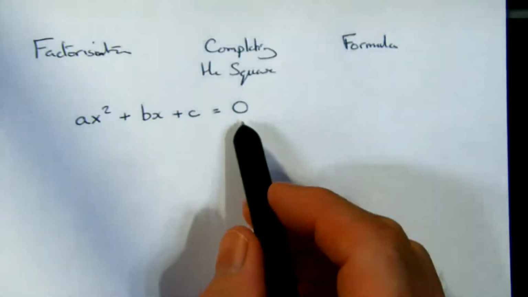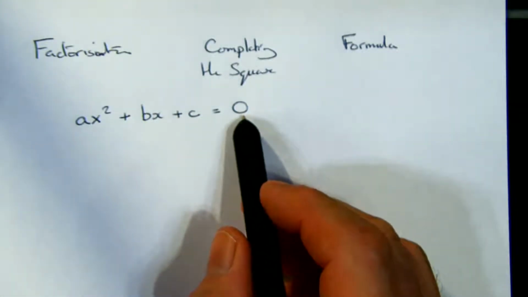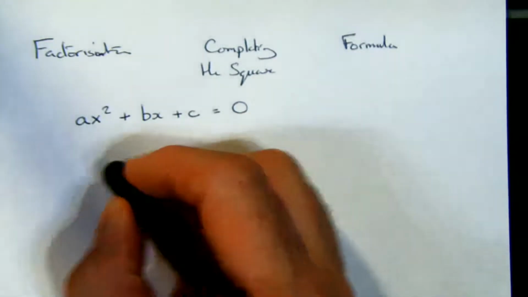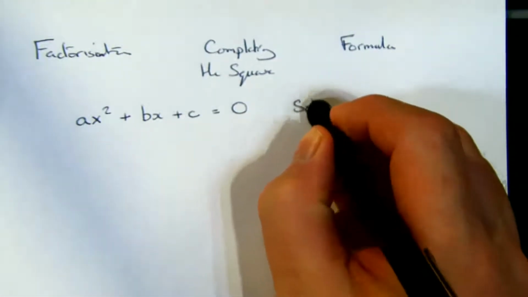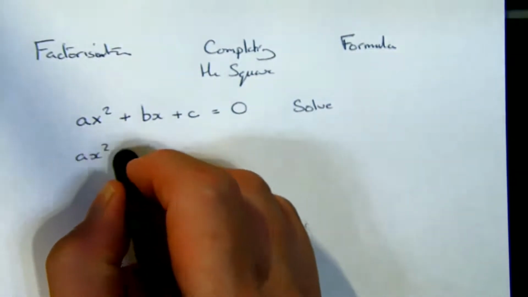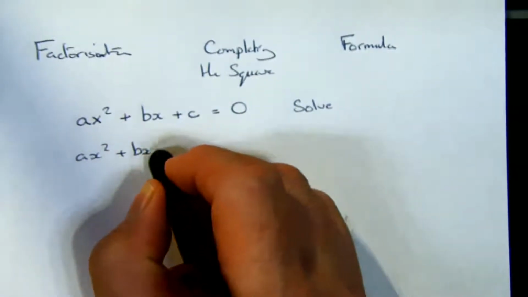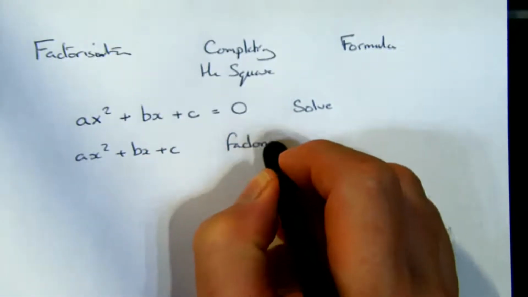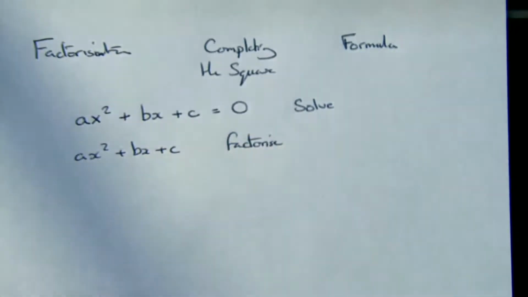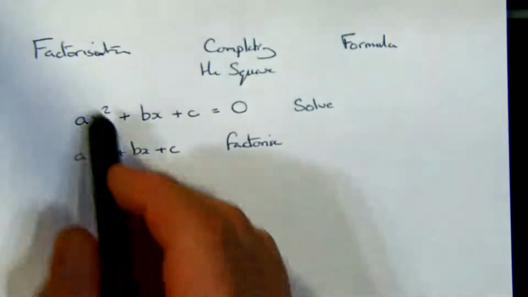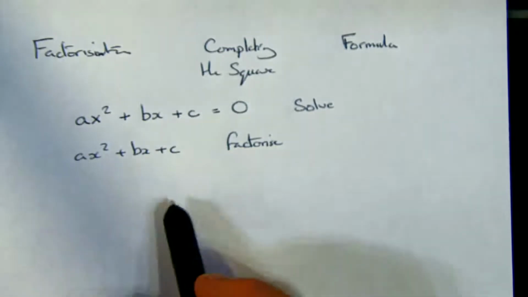Now, if we have the number 0 here, we normally ask to solve the equation. If we have it just as ax squared plus bx plus c, then we'll normally be asked to just factorize this. So we have our choices of what to do.